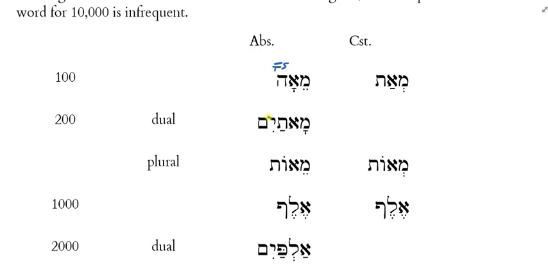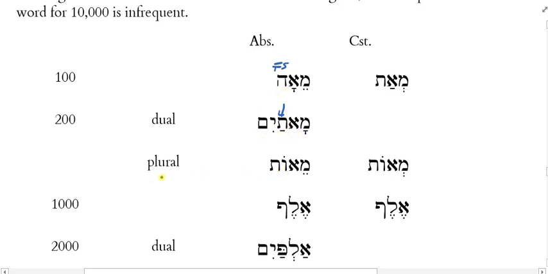Yad, one hand, yadayim, a pair of hands, right? Me'ah is a set of 100, and matayim is 2 sets of 100, or a pair of 100 sets. Okay? So that's the dual form, matayim. You see this tav here has been added because the mater can't add an ending to it. So it becomes matayim, dual.